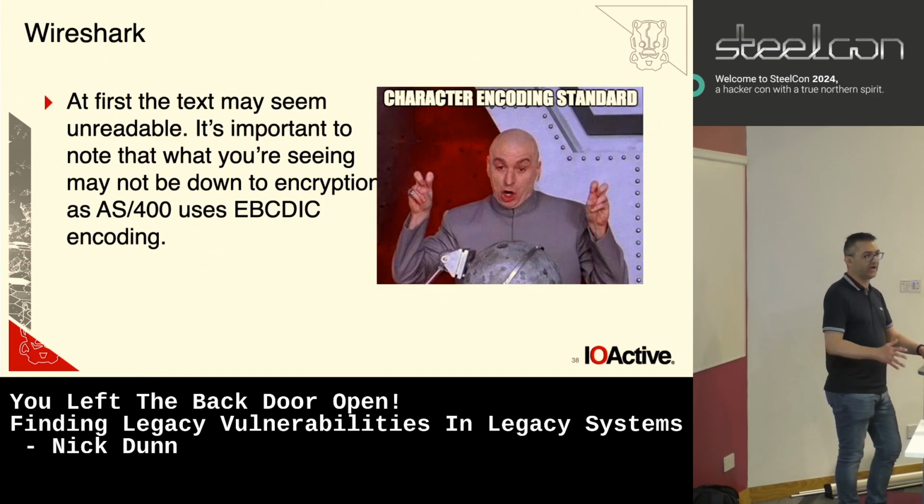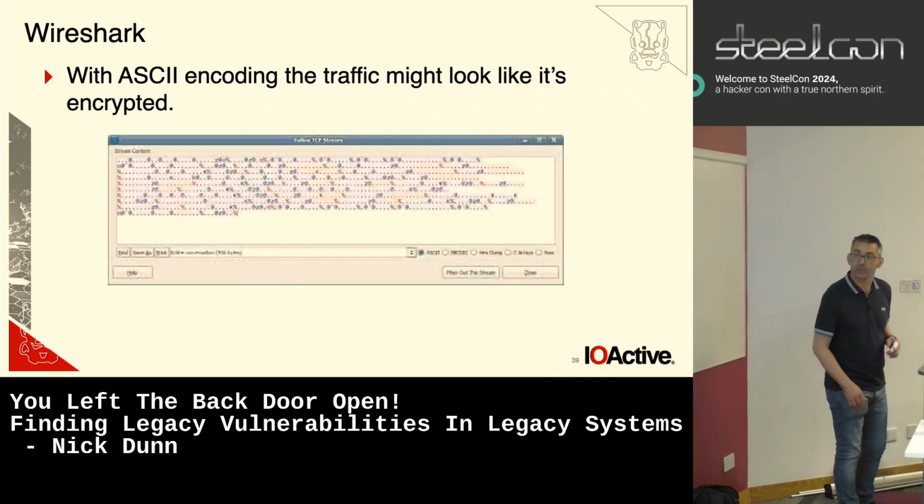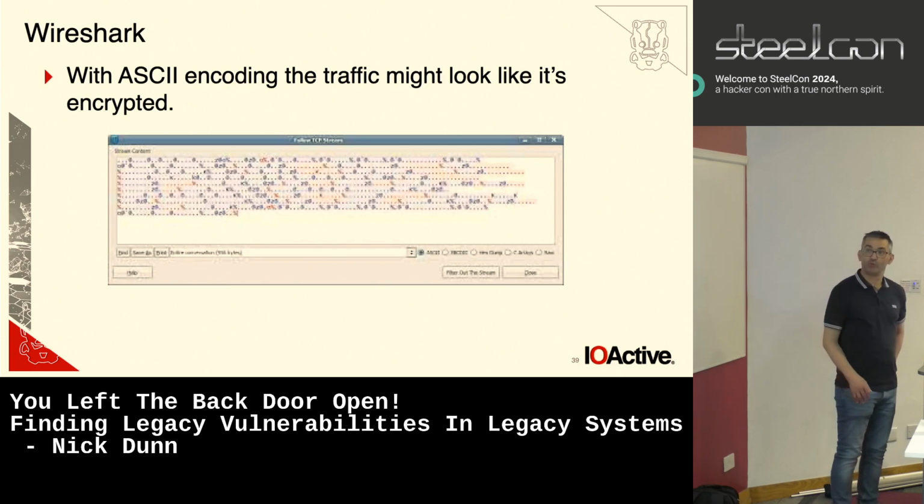That is because AS400 does not use ASCII encoding. It's, again, so old that that wasn't the accepted standard at the time. So if you run Wireshark in its default state with ASCII encoding, you'll just get what looks like some unreadable mess.